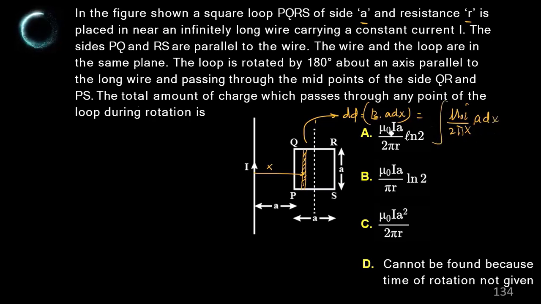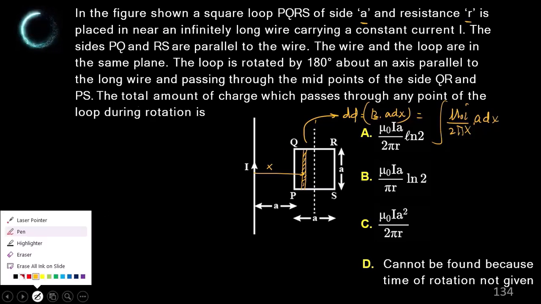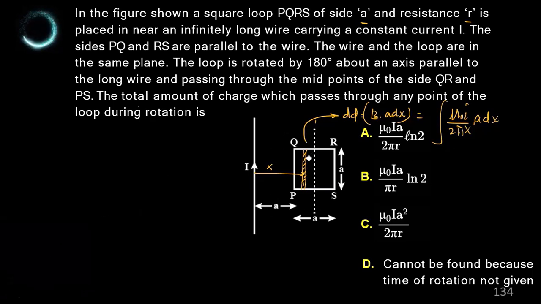So integration of that will give the total flux. Initially I assume that the magnetic field is in the cross direction, and I also assume that A is in the cross direction.